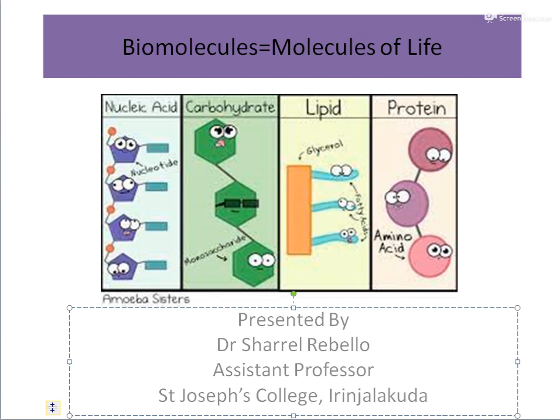In addition to this, we also have lipids, which are the fatty components of the cell, and we also have proteins, which are in turn made up of amino acid building blocks. So, we are going to explore what all these molecules are and what their basic compositions are.